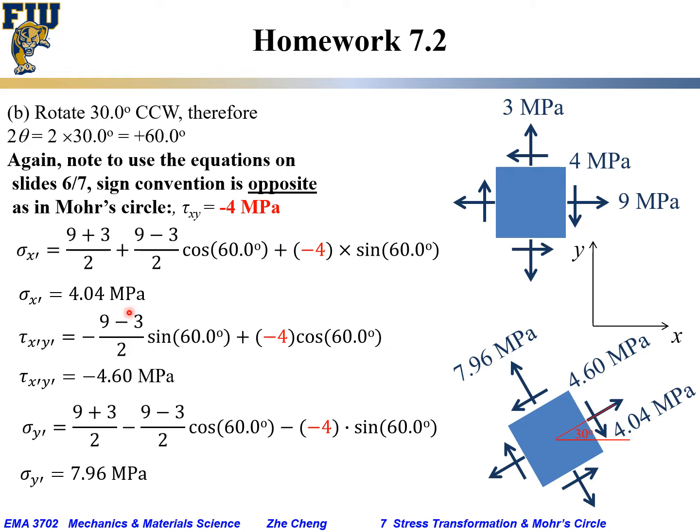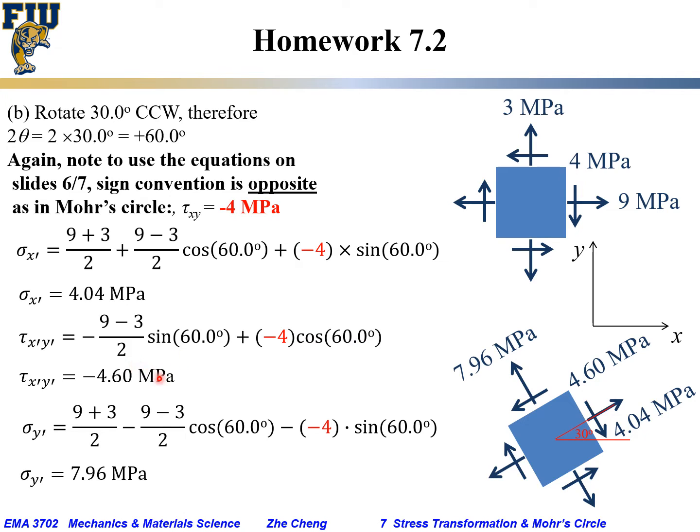And the new shearing stress tau x prime y prime would be minus the difference divided by 2 times sine 2 theta, which is 60 degrees, plus the shearing stress in the original direction times cosine this angle.